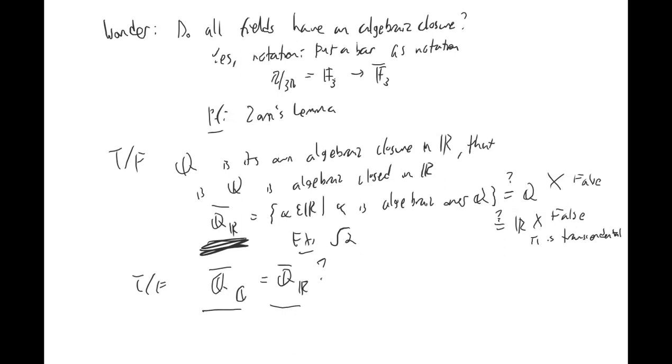By definition, these are elements in R, and these are elements in C. If they were equal, that would mean the only elements in C that are algebraic over Q are elements in R. So if you say this is false, you would have to give me an element in C, strictly complex, not real, that is algebraic over Q. Can you give me an element?